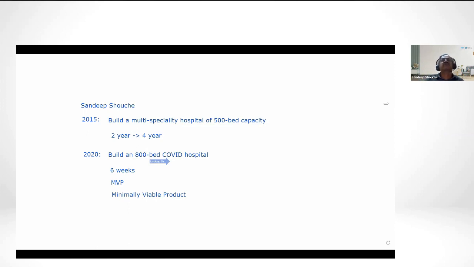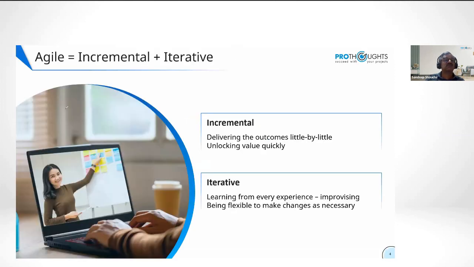The second wave, we did get better at this. And that's where the second I comes in our definition of agility, which is iterative. What does iterative mean? Iterative means you learn from experience, improvise, make changes as necessary.